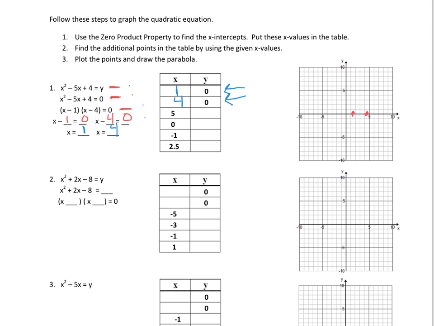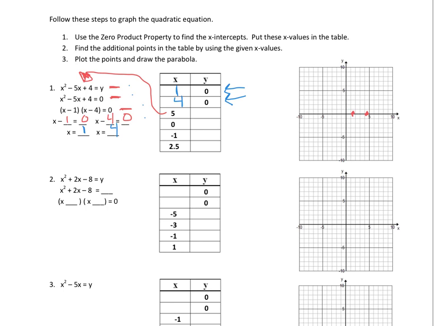All right, so then the next thing you do is you take your values for x, 5, and you plug it in to your original equation and find your outputs.